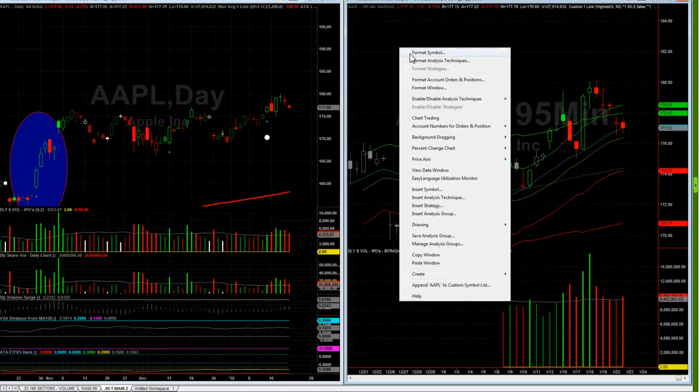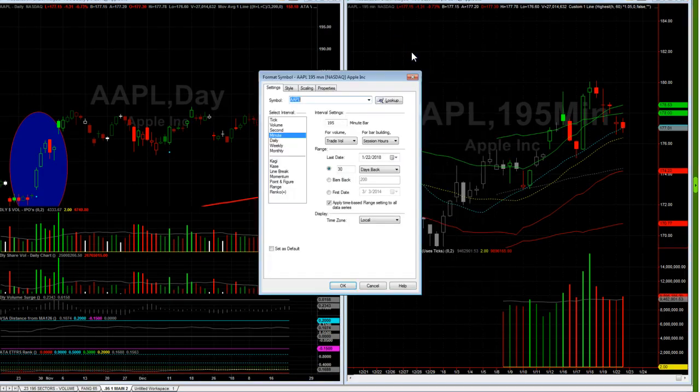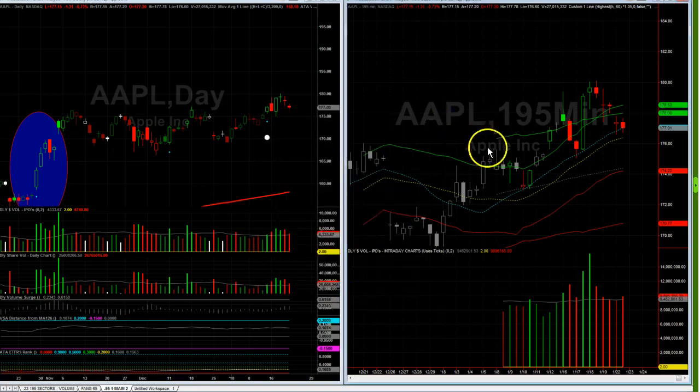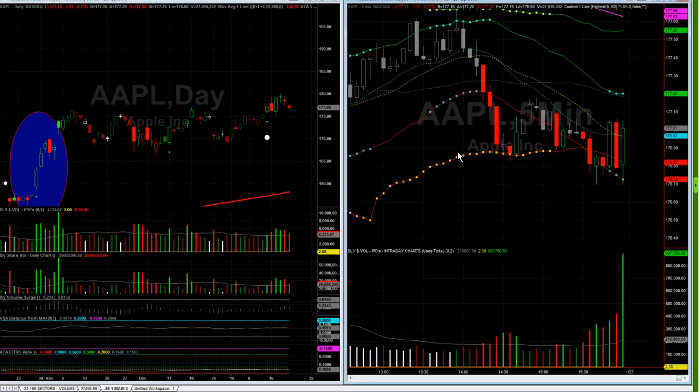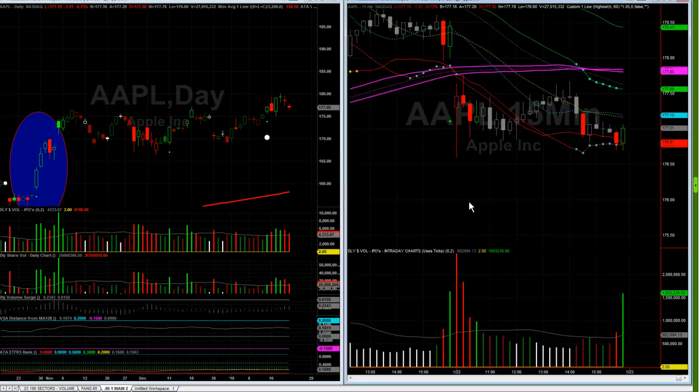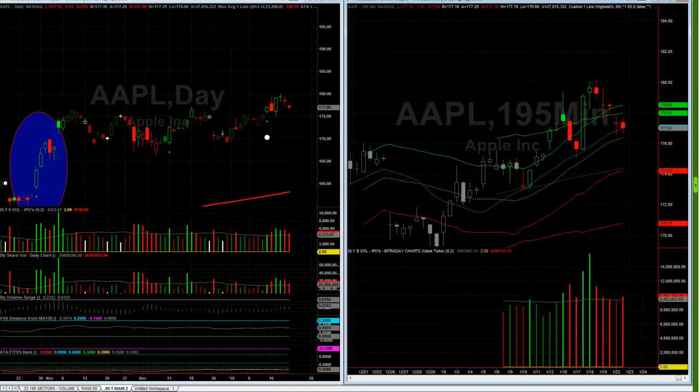Quick little tip here: you right click, format symbol, and then what you want to go to is select interval. Now for your daily charts, you would go to minute, and then of course 195. So now this is an intraday chart, but what is nice is I can click on it, I can type in 30, and I got a 30-minute chart, get my 5, and etc, etc. So nice and easy there.